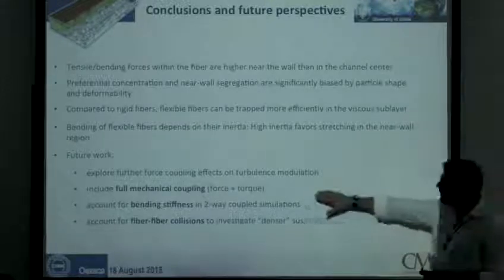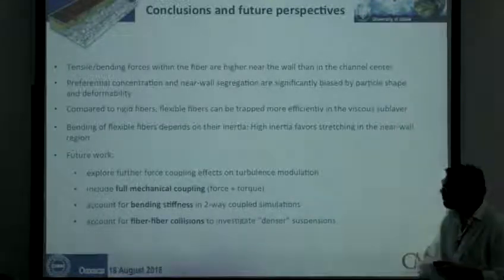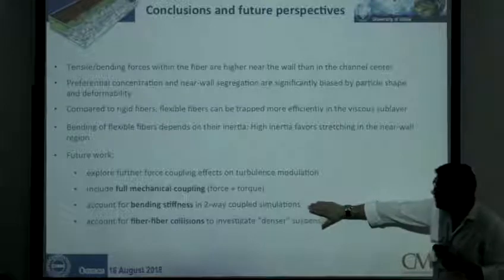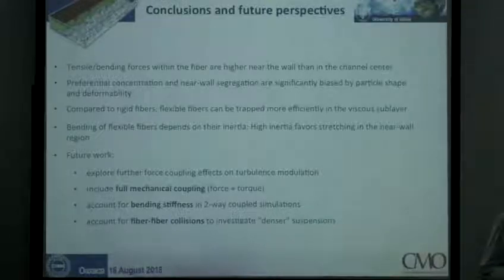And in this framework, it would also be useful and interesting to account for bending stiffness. So the fibers will be somehow stiff with respect to bending due to the underlying effect of the fluid. And so I think this would give a more realistic framework for our simulations.